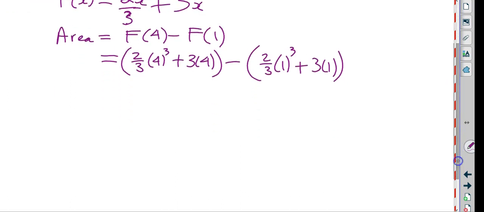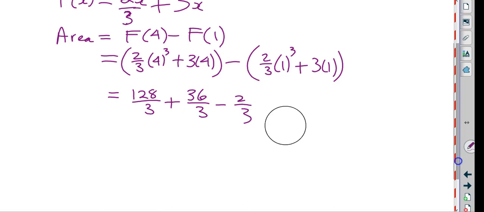Two-thirds of 64, that's 128 thirds. Plus, looks like we're going to have to stick with thirds. So 3 times 4 is 12, so let's go plus 36 thirds. Minus 2/3. Minus, we're going to stick with thirds, so we'll go with minus 9/3, so that way we've got everything in thirds.